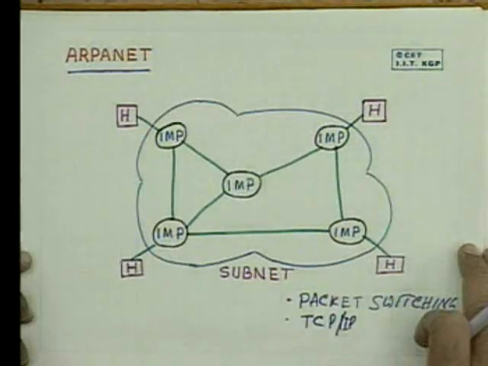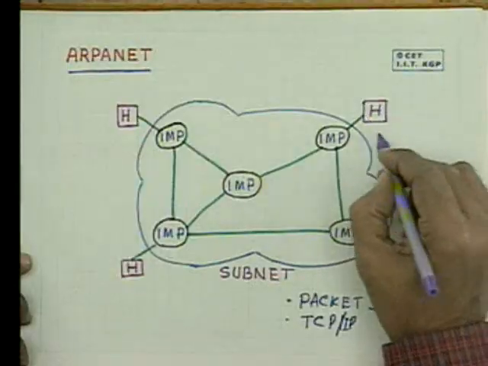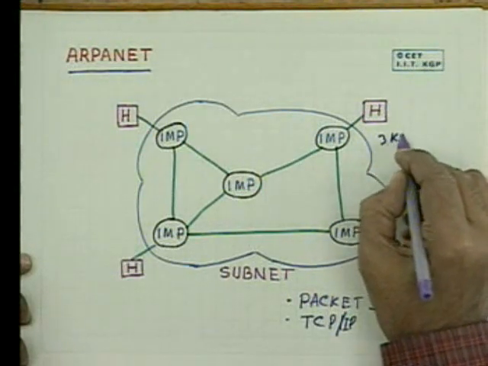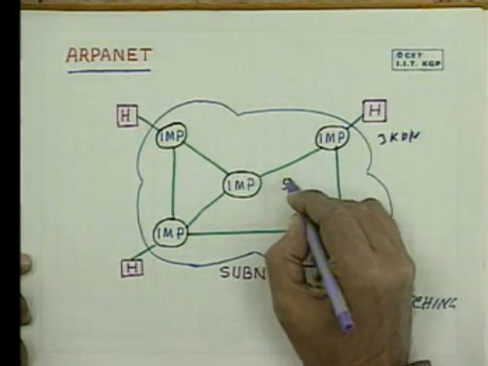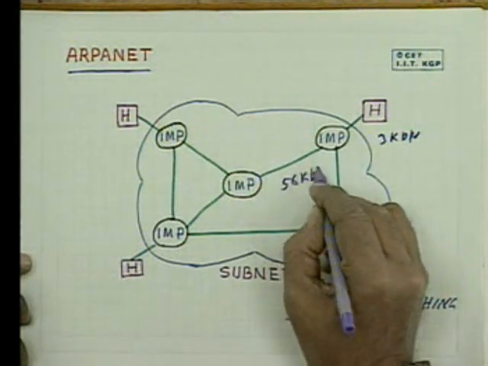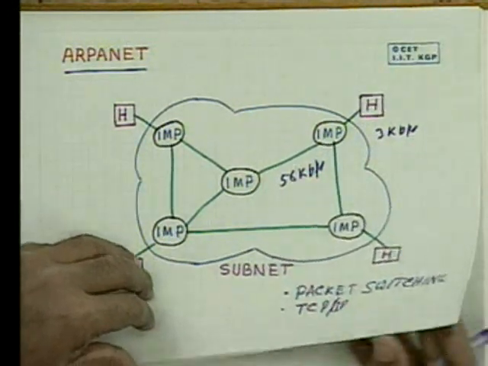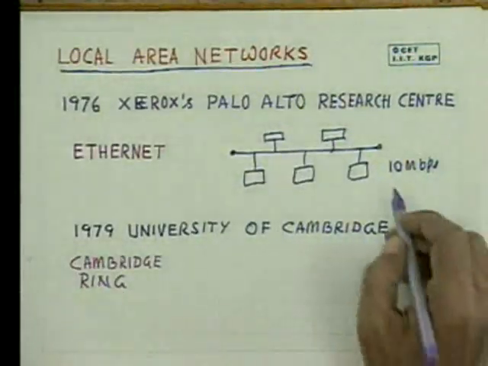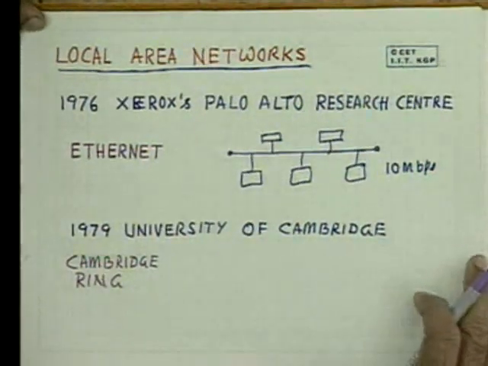For example, in ARPANET, the communication links were established by telephone networks, and these were essentially, say, 3 kilobits per second, and these links were maybe 56 kilobits per second using leased lines. But that was not good enough.